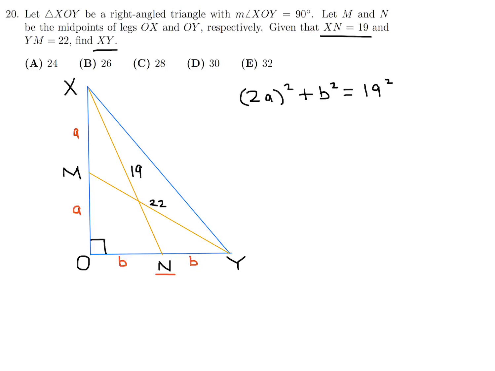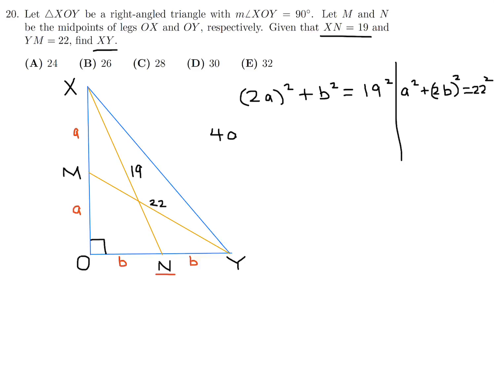And the second one is a squared plus 2b squared is equal to 22 squared. And I think, yeah, that's pretty much the foundation. And then we can manipulate those and eventually figure out XY.